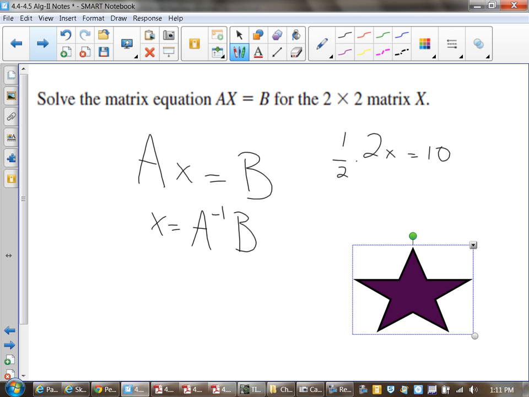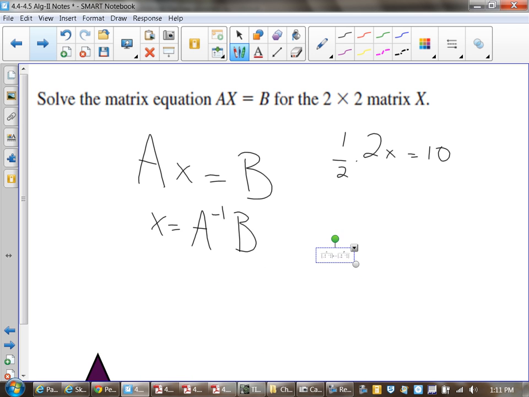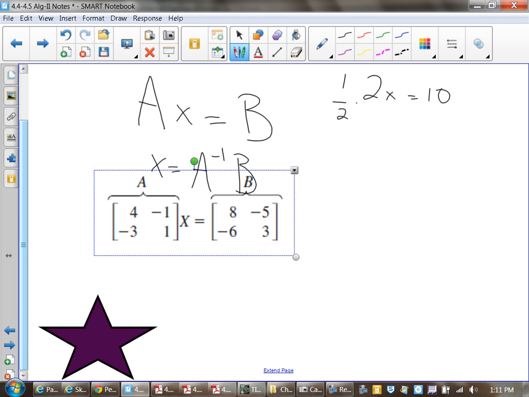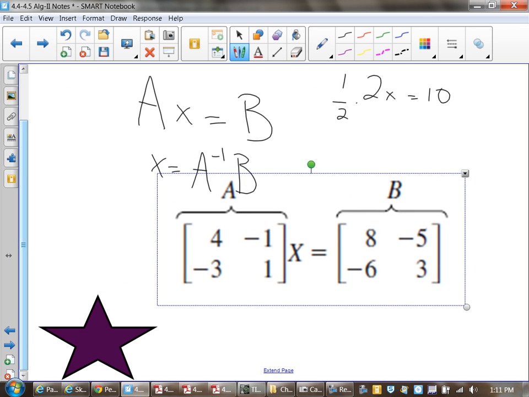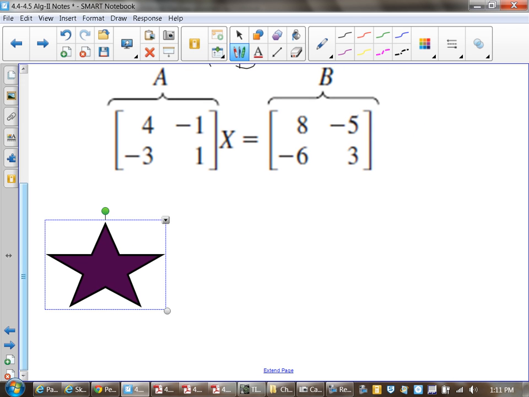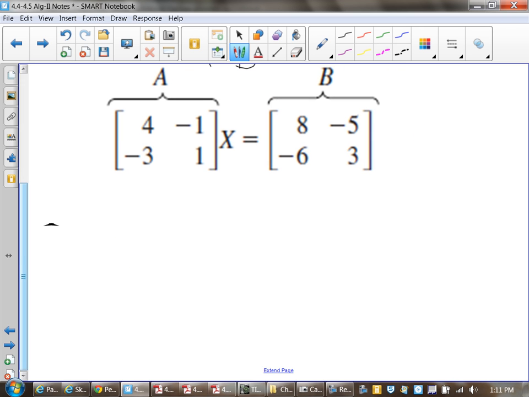Let me show you an example. I want to look at this. Matrix A is a 2x2 times something gives me matrix B, which is also a 2x2.